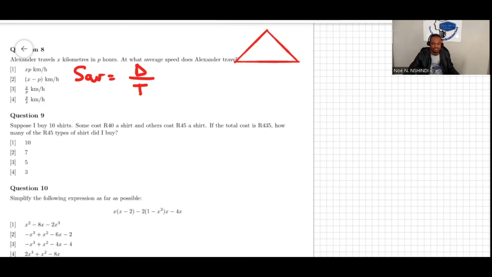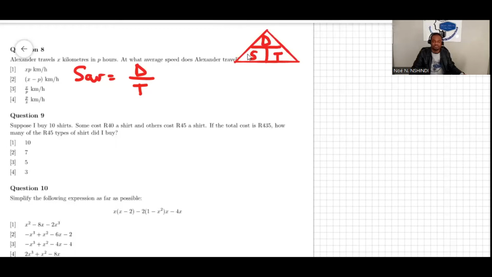They put the distance at the top, and then the speed, and then the time. To remember easily, they say distance is speed times time, or speed is distance over time, or time is distance over speed.